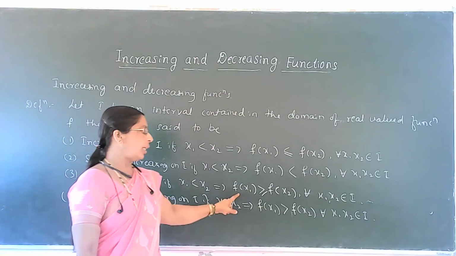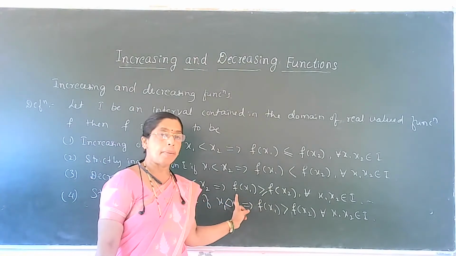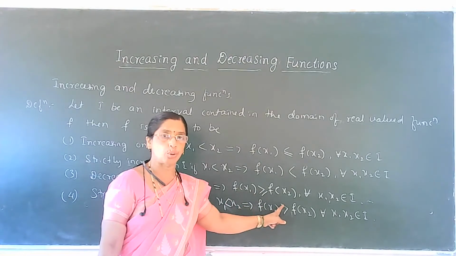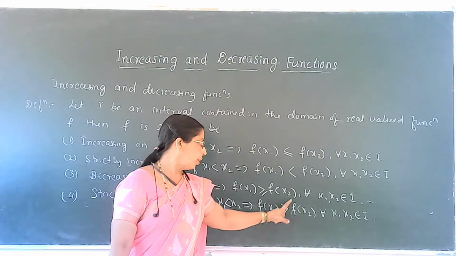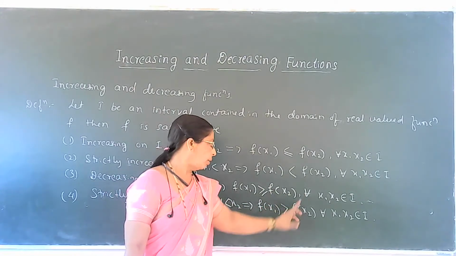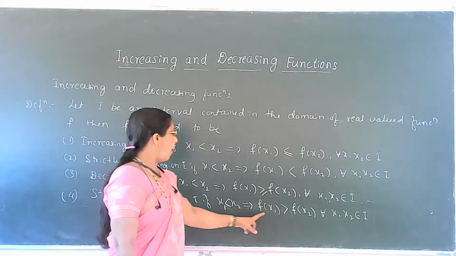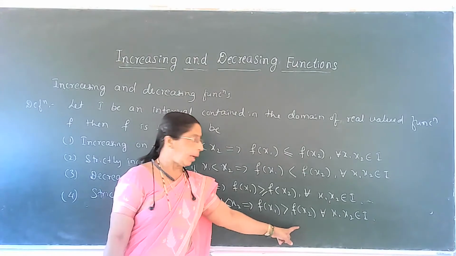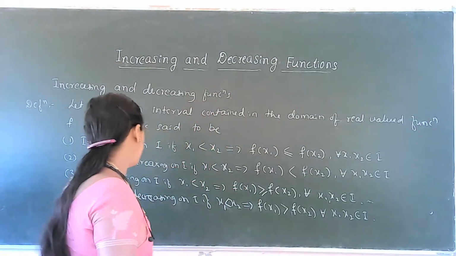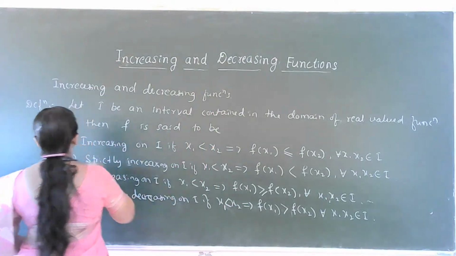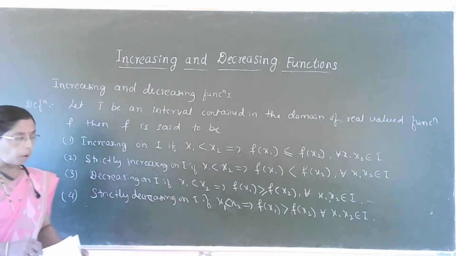If x1 is less than x2 but f of x1 is greater than or equal to f of x2, then the function is decreasing. If f of x1 is only greater than f of x2, then the function is strictly decreasing.